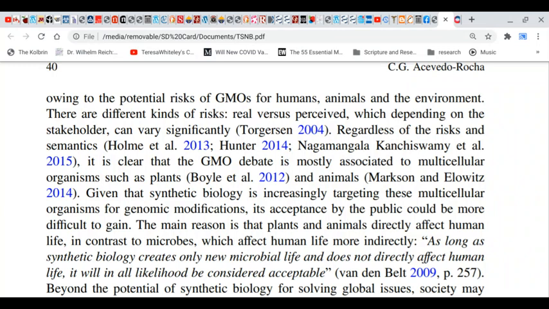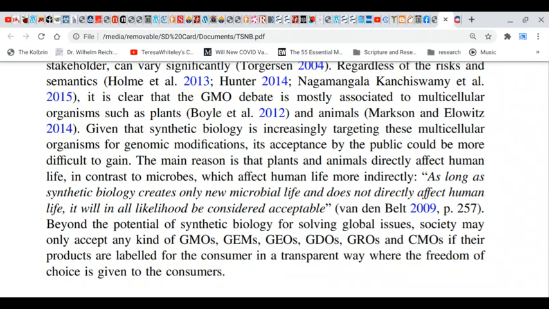Given that synthetic biology is increasingly targeting these multicellular organisms for genomic modifications, its acceptance by the public could be more difficult to gain. The main reason is that plants and animals directly affect human life, in contrast to microbes, which can affect human life more indirectly. As long as synthetic biology creates only new microbial life and does not directly affect human life, it will, in all likelihood, be considered acceptable.